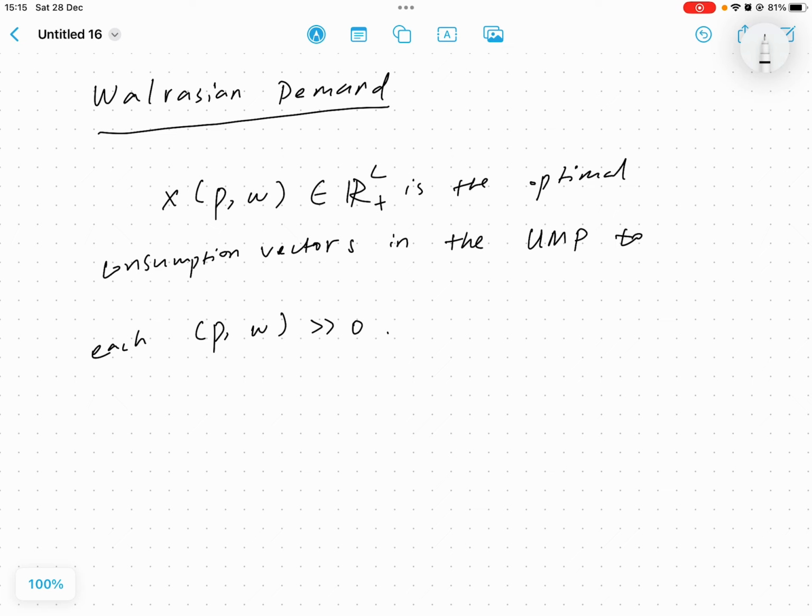This x is called Walrasian, or sometimes we call it ordinary or just market demand.